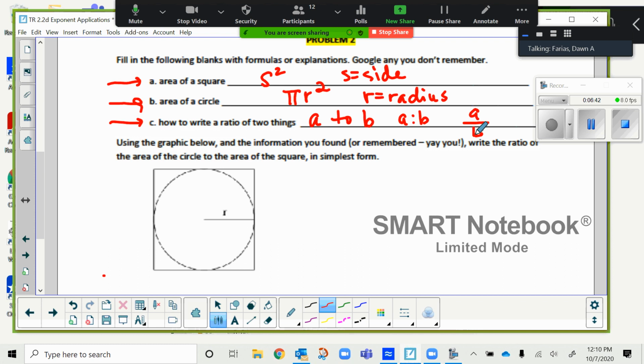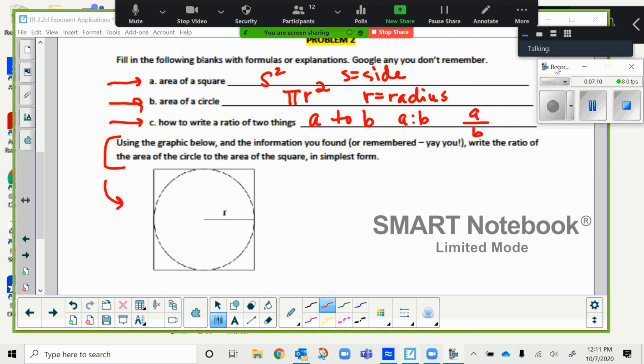Because then when you write it as a fraction like that, it's easier to do math on it. So that's what we're going to do on this next problem. So take a minute and read this and look at that picture and just think about what it's asking. Just spend some time thinking about how you might set up that problem, and then after about a minute, we'll talk about it together.